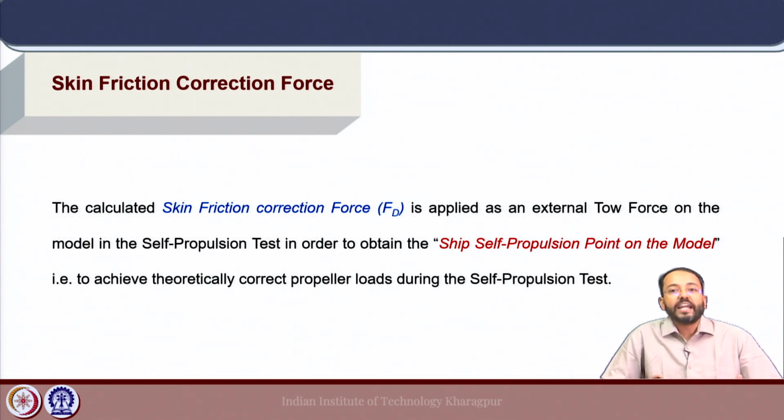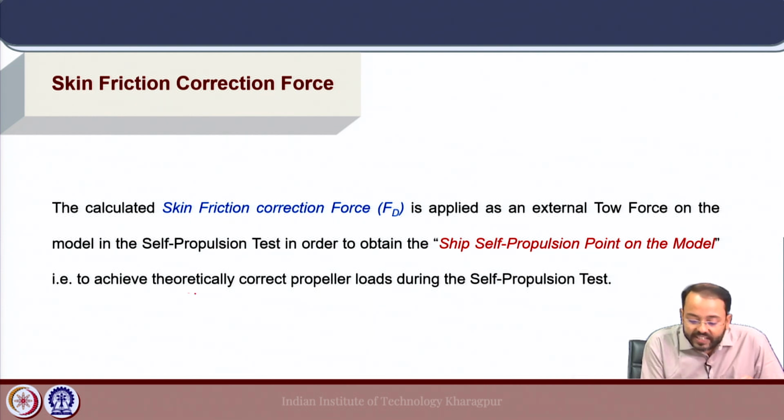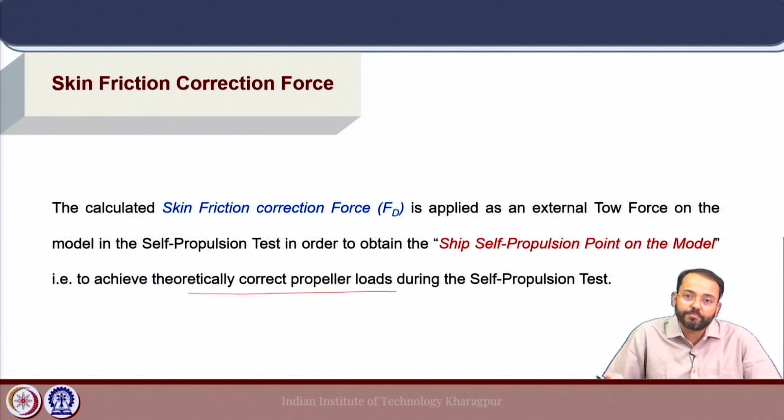So, because we cannot maintain the same Reynolds number between the model and full scale, and also to have the effect of the roughness, the skin friction correction force is calculated and applied as an external tow force. So, it gives the theoretically correct propeller loads during the self propulsion test, corresponding to the full scale propulsion.